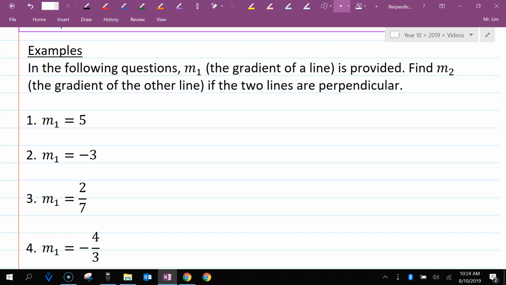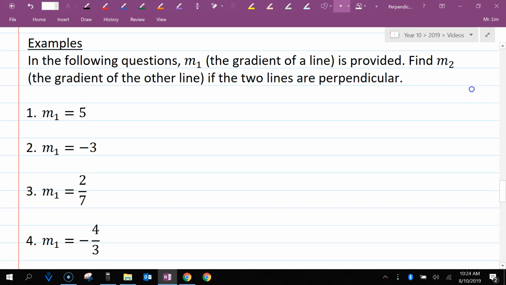Find m2, the gradient of the other line, if the two lines are perpendicular. So m1 is 5, or we can write it as a fraction, 5 over 1. Therefore, m2 has to equal the negative reciprocal. So we flip it, and then we change the sign. So that's the gradient of the perpendicular line.